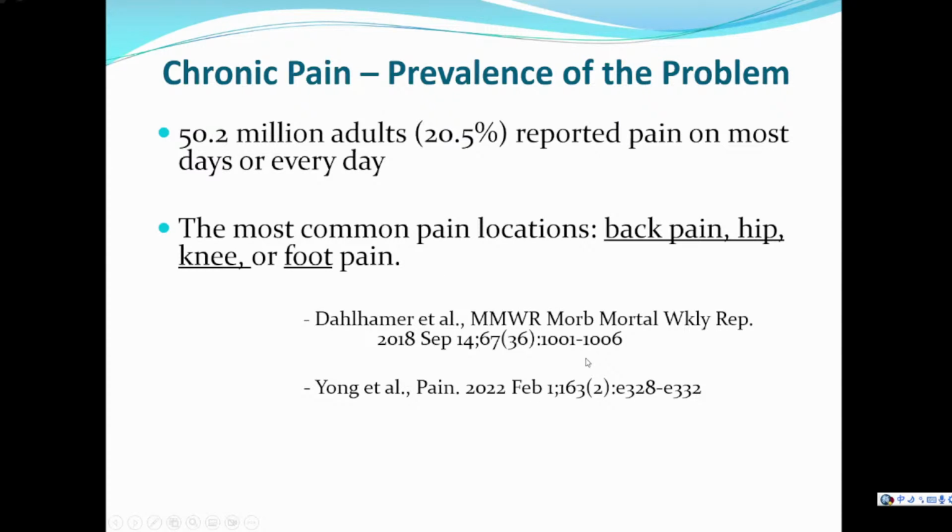This survey was published and conducted by the CDC, the Centers for Disease Control. This also indicates why the opioid problem developed in the United States, because in pain, patients have to take narcotic medicine or different medication to control the pain. And this also makes acupuncture more useful, without side effects.